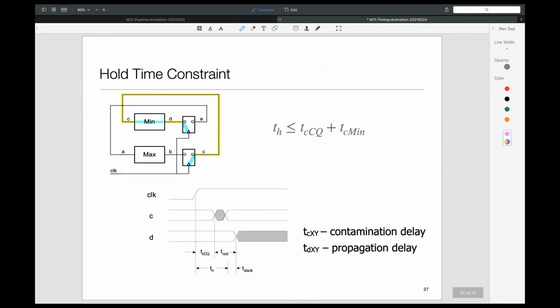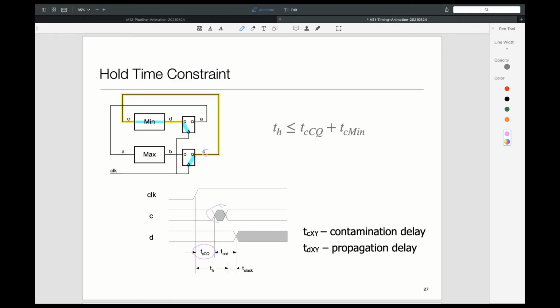So the next one is the following. Now imagine this situation. On the first clock tick, I'm going to start at the bottom. I'm now going to look at the fast path. Things being too fast is also not good. Let's say a clock edge comes at the bottom flip-flop. As the clock tick comes, the output C can begin to change as soon as TCCQ after that, as little as TCCQ after the clock tick.